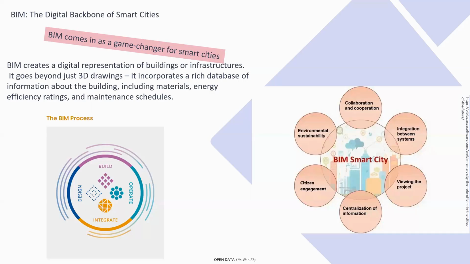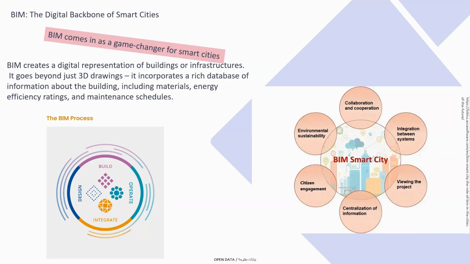BIM creates a digital representation of buildings or infrastructures. It goes beyond just 3D. It's not just a 3D drawing. It incorporates a rich database of information about the building, including materials, energy efficiency ratings, and maintenance. You can see that build, create, integrate, and design.